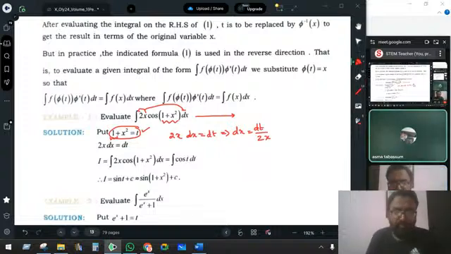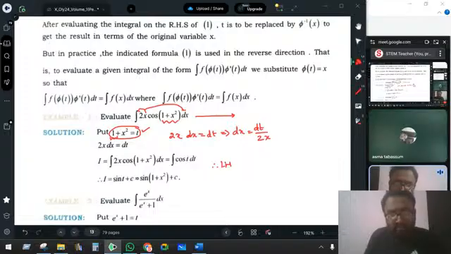Now the left hand side: the integration of 2x cos t. Convert everything into t. What is dx? dx is dt by 2x. You have to replace this dx also.